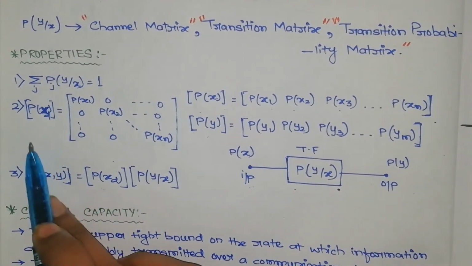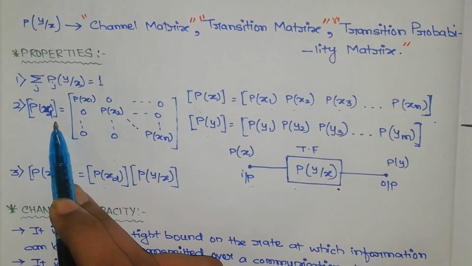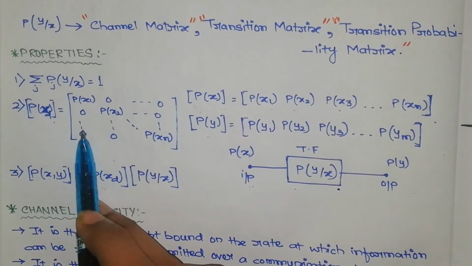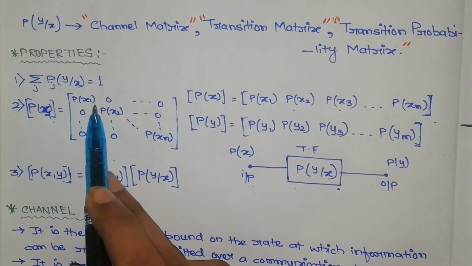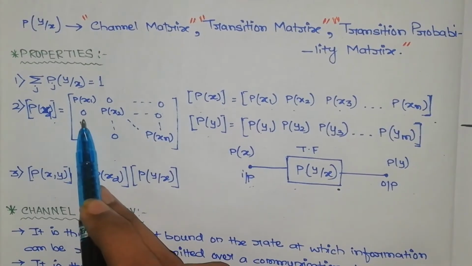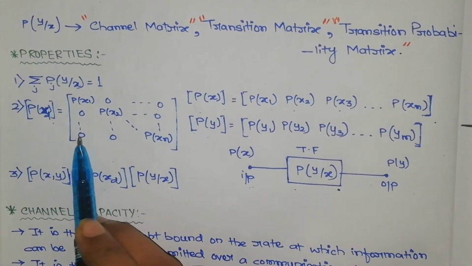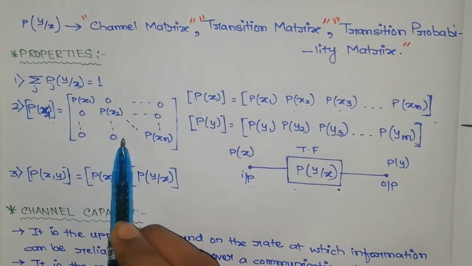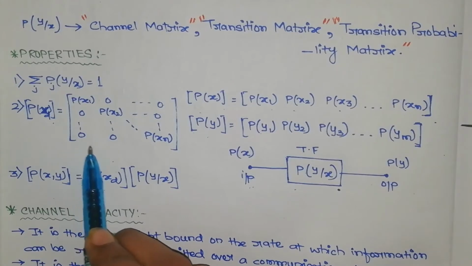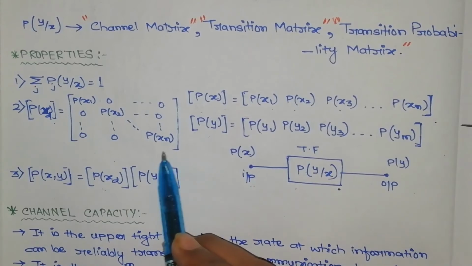Now the second property is that the matrix of p(x) diagonal is equal to a matrix of p(x1), then everything will be 0, then 0, p(x2), 0, 0, 0 up to n, and it will continue, and in the last row all the terms will be 0 except for the last term, that will be p(xn).